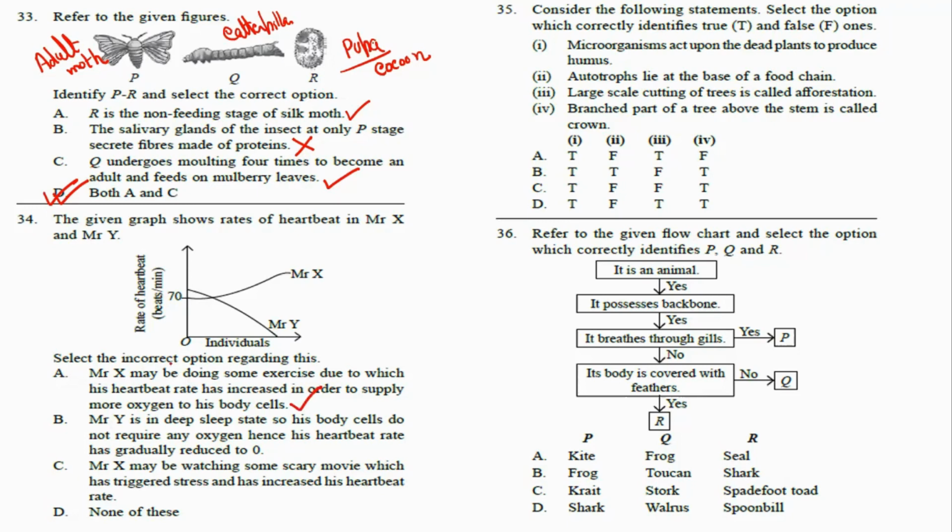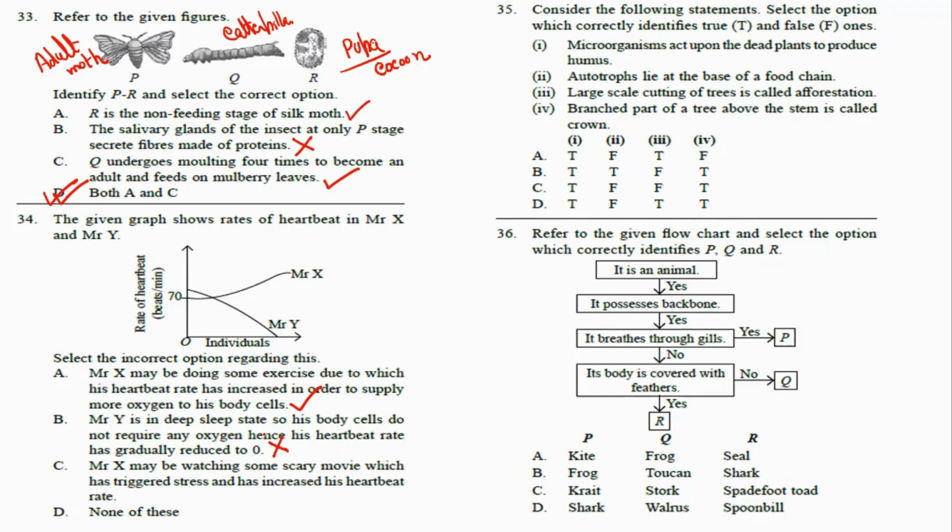The B option says Mr. Y is in deep sleep state, so his body cells do not require any oxygen, hence his heartbeat rate has gradually reduced to 0. So this is wrong. Whenever we are sleeping, it is not that our heart stops working, it continuously beats, right? If it comes down to 0, that means the person is not alive, he is a dead man, right?